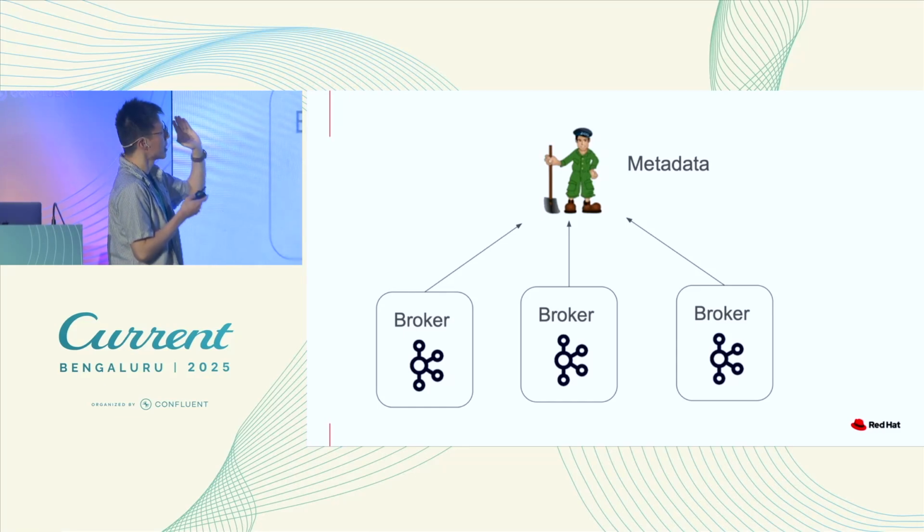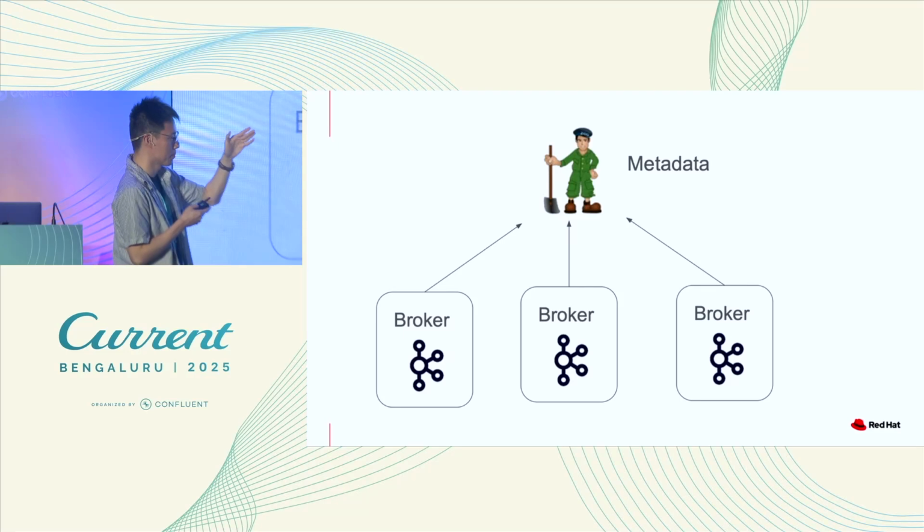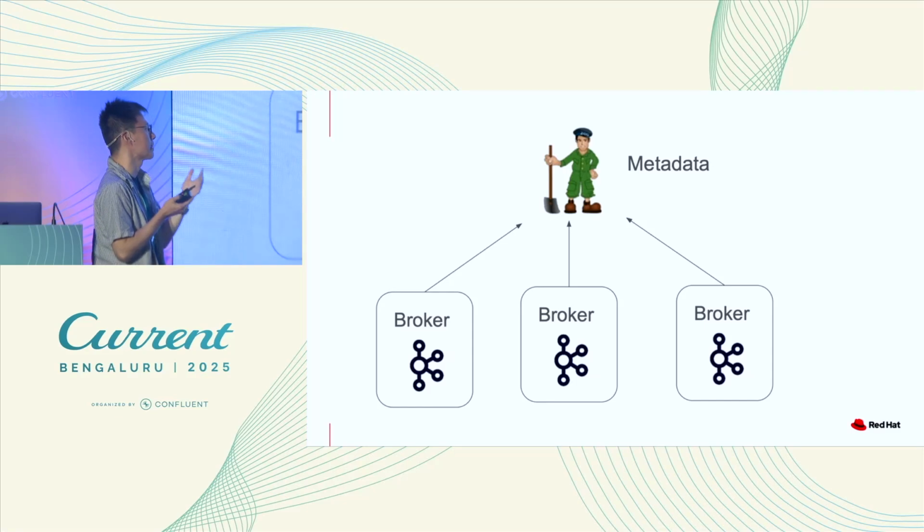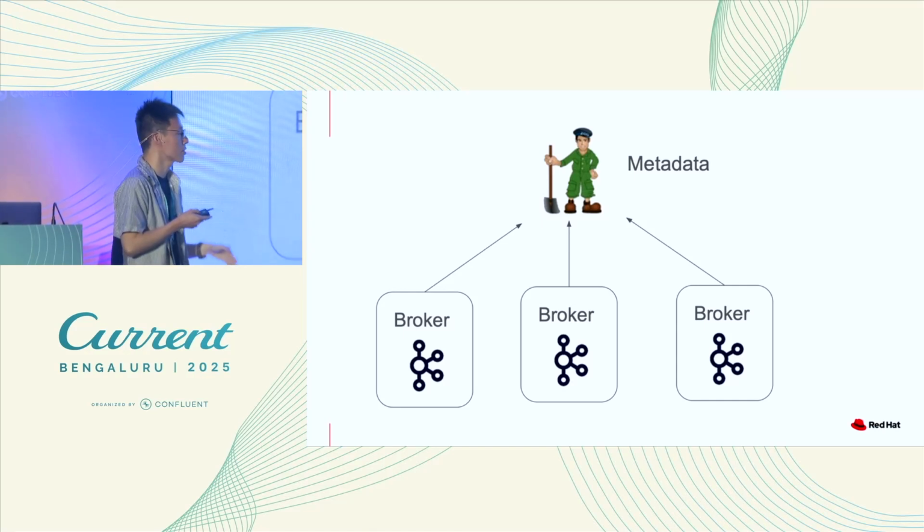So basically, ZooKeeper serves like a metadata store, but of course it has more responsibility than just a metadata store, but mainly it serves as a metadata store. So let's put it as a metadata store.